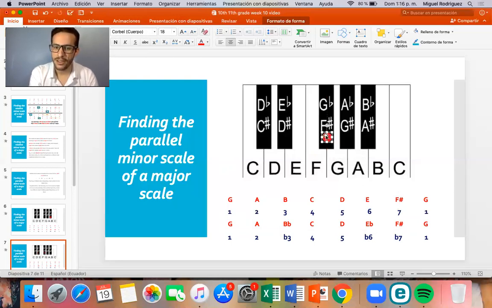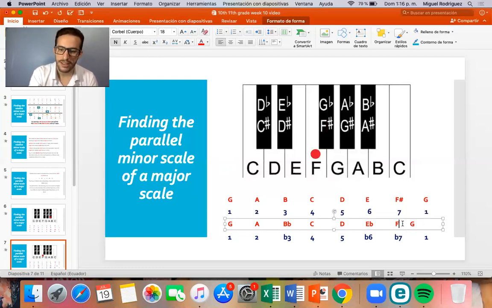So this is the 7th note in the G major scale. But we need the flat 7. So from here we go down a half step. Where are we? In F. Not F flat. A lot of people did F flat. They got confused, but it's not F flat. It's, as you see here, F. So we simply erase the sharp, and then we have it.